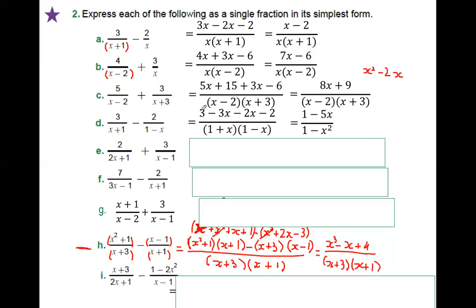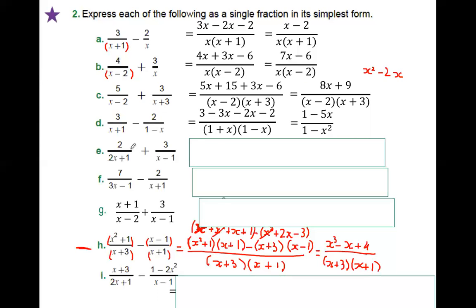So your end result will be 3 minus 2, which is 1 minus 5x, divided by 1 minus x squared. But again, you could have left it like that. It would have been okay.